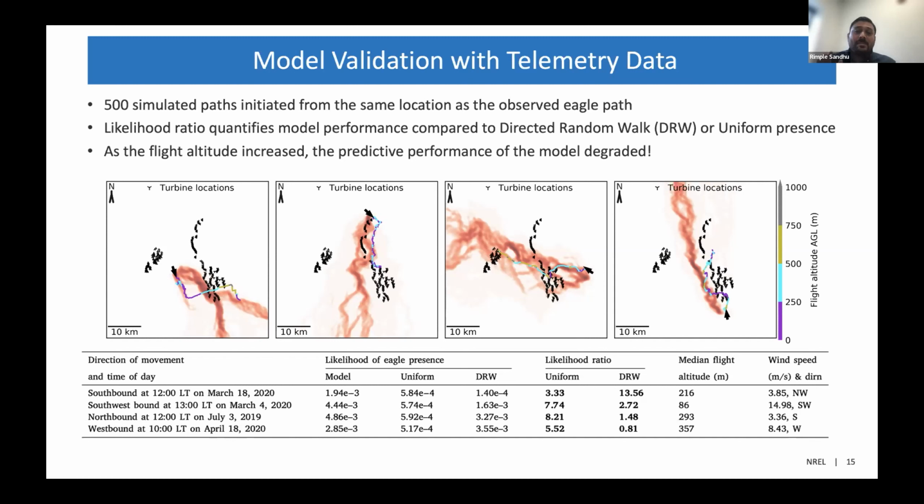That makes us think that this model is reasonable when you're trying to predict low altitude orographic soaring flight. But if the bird is at higher altitudes, it may not predict as well. But then our entire goal is to simulate low altitude flights. When the bird is very high above the rotor swept zone, it's probably not at risk anyways. So we think this is a reasonable model for predicting those low altitude orographic soaring flights.